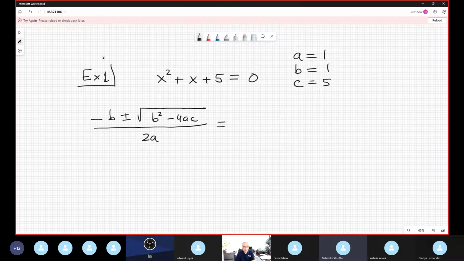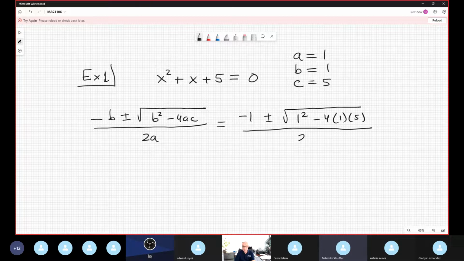In our specific example, it is minus 1 because b is 1, plus or minus the square root of 1 squared, which is 1 because 1 times 1 is 1, minus 4 multiplied by 1, which is a, multiplied by 5, which is c, divided by 2 times 1.